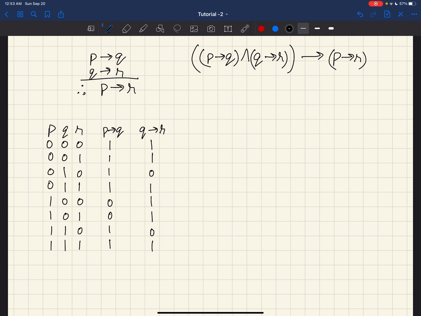The next step is doing an AND of these two, which would be P implies Q and Q implies R. It would be 1, 1, 0, 1, 0, 1. Next we need P implies R. It is 1, 1, 1.